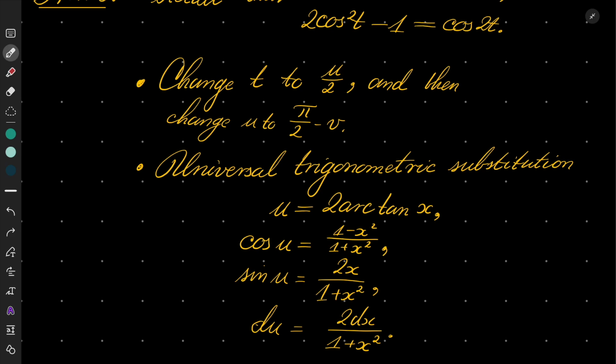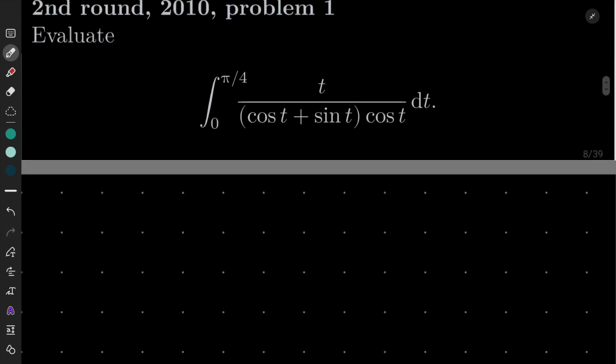We put u to be 2 times arctangent of x, and then it turns out that cosine of u is (1 minus x squared) over (1 plus x squared), sine of u is 2x over (1 plus x squared), and du equals 2 dx over (1 plus x squared). It's a well-known substitution. So give this problem a try, and I will see you in a minute.